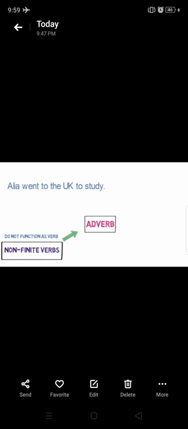How? By telling us the reason. I told you, the work of an adverb is to modify the verb by telling us how, when, why, and where. Why did Alia go to the UK? It is telling us a reason. So hence, to study is a non-finite verb which is acting like an adverb in the sentence. I hope this is clear.